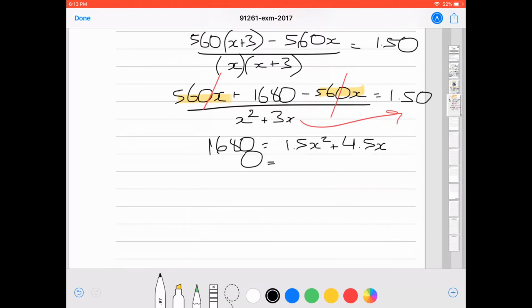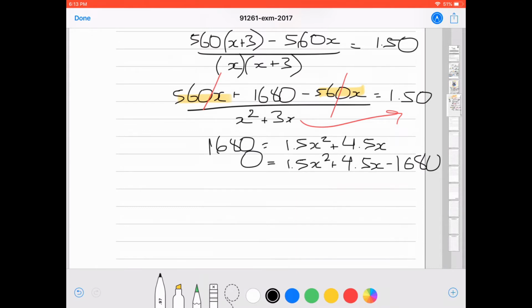Let's bring everything to one side, to the right hand side just to keep our x squared term positive, is always nice, plus 4.5x and minus 1680. Okay, let's calculate this. And I don't think I mentioned, just if you didn't know, on your calculator, mode, number 5 for equation, number 3 for quadratic solver. And so you can just input the values for A, B, and C. We've got 1.5, 4.5, and negative 1,680.